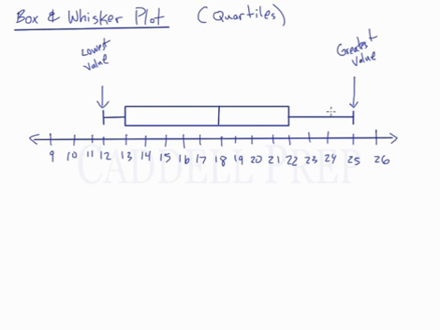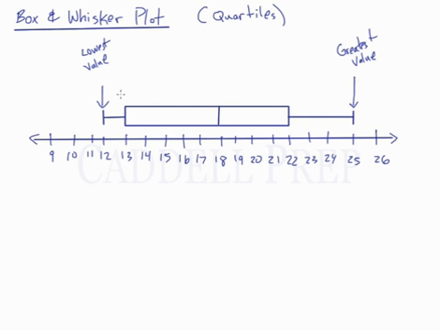So in our box and whisker plot, we have a box and two lines that stick off known as the whiskers. The whiskers extend to the lowest value and to the greatest value. This box is made up of the quartiles.